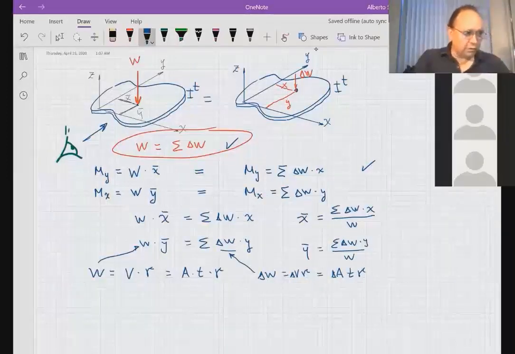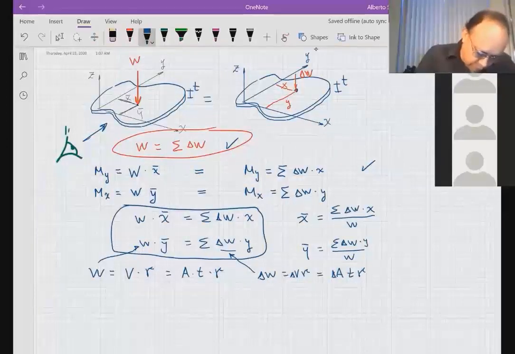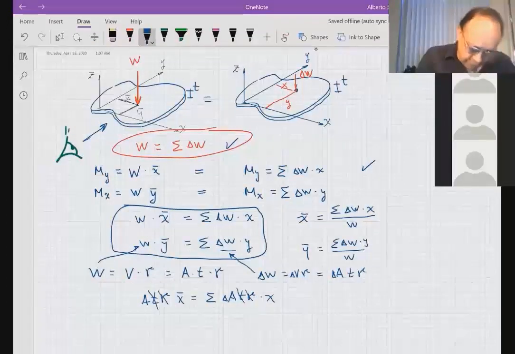So our equations will become these equations. They will become A T omega times X bar equals summation of delta A T omega X. So we can cancel here: T is constant for all the elements, and the specific gravity is constant for a homogeneous sheet or plate.